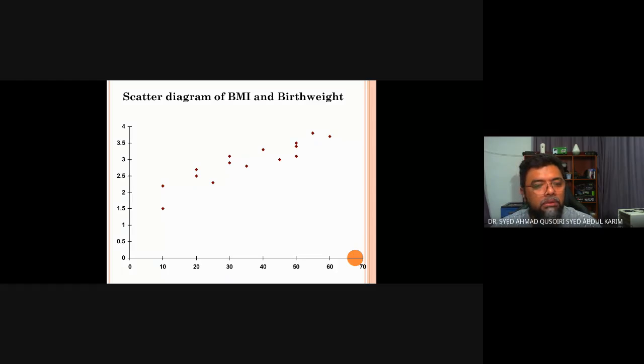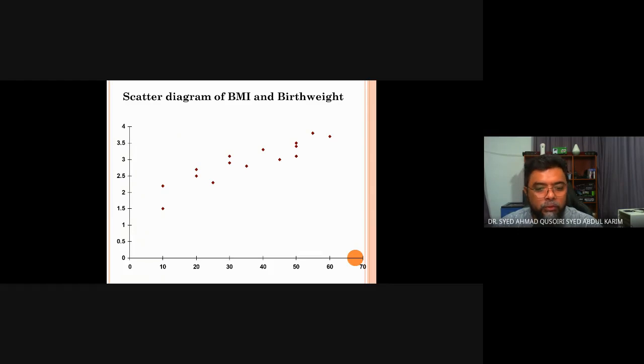This is trying to identify the association between a person's BMI and their birth weight. From here, there are like 15 observations, right?